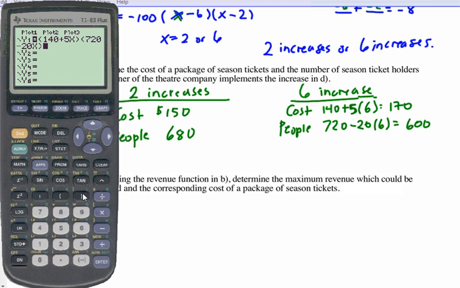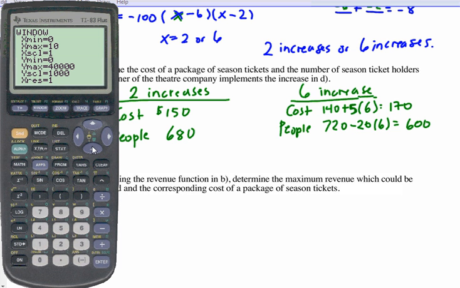Okay, we're graphing revenue against number of increases. X is number of increases. So does X need to go very big? Let's go to our windows. Was our X values very big here? 2 increases, 10 increases? No. So we can go 0 to maybe 10, scale of 1. Did our revenue go very high?